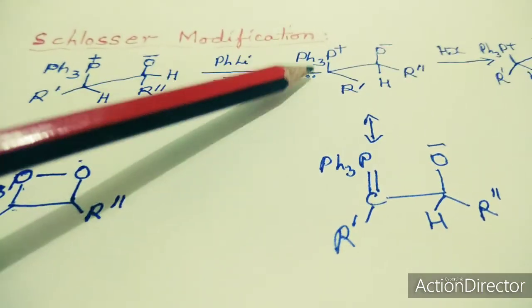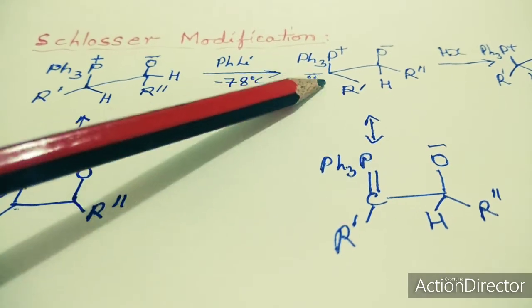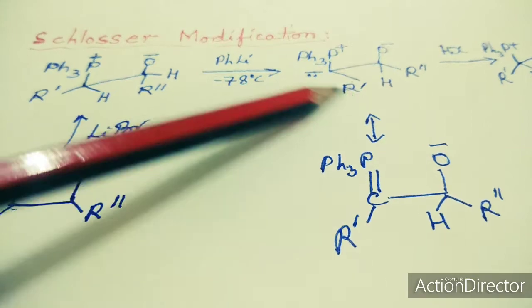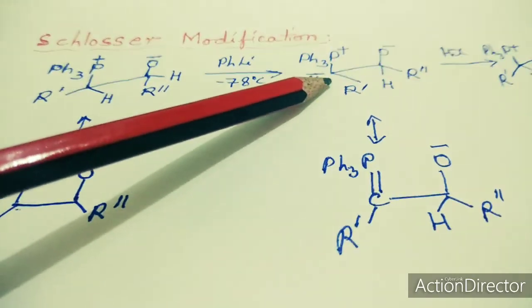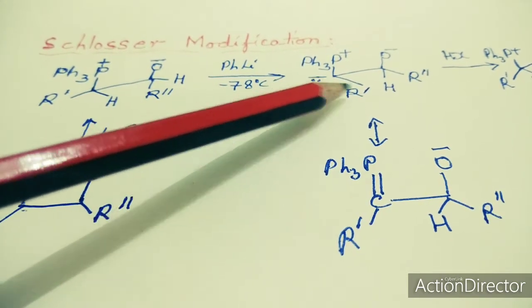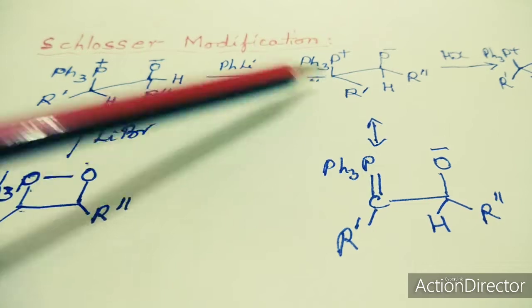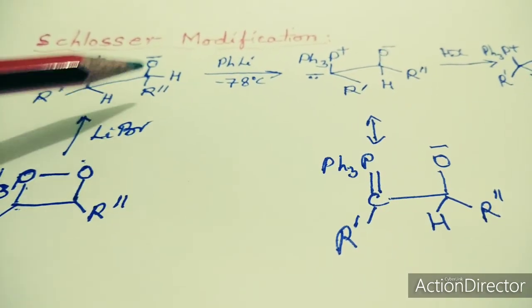Because it is now carbon single bond carbon, even if it is Z, it will just change to the more stable trans form.